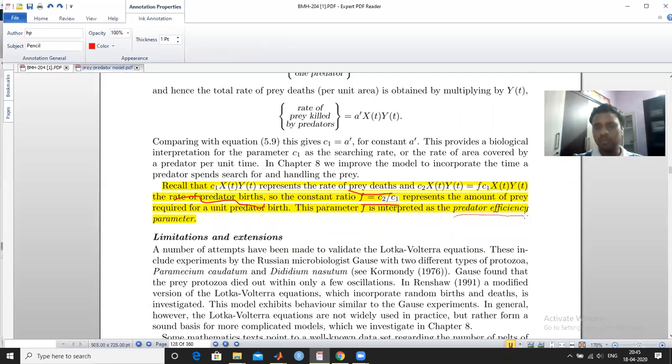F is known as the predator efficiency parameter, while C1 and C2 are the population interaction parameters between populations. If you take C1 as 1, then F is equal to C2, which represents the predator. You can check here what C1 and C2 are in more detail.